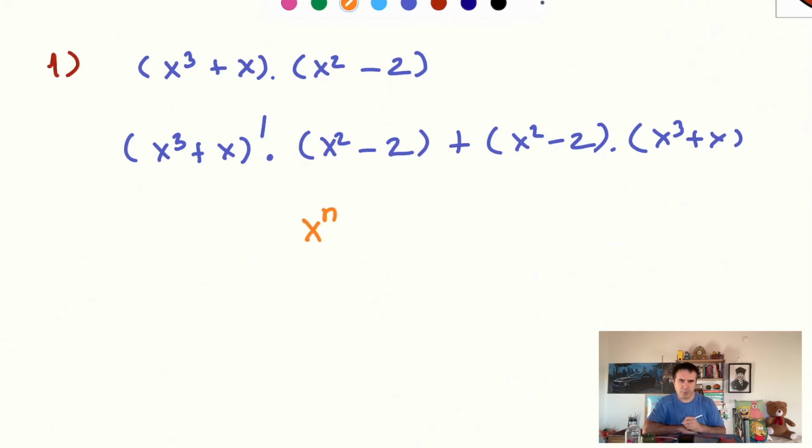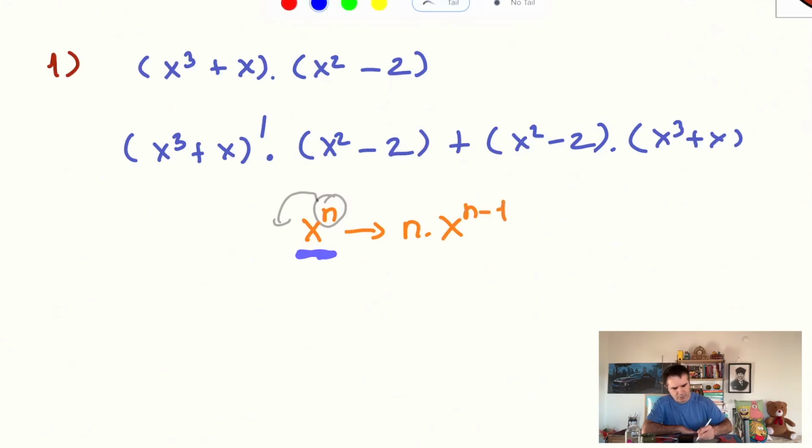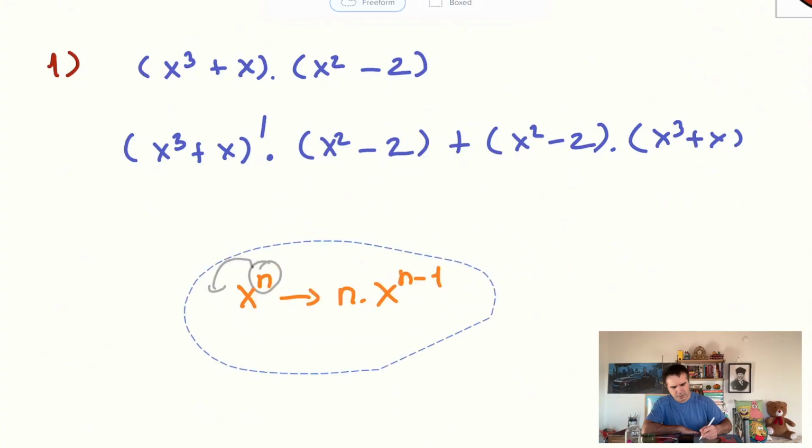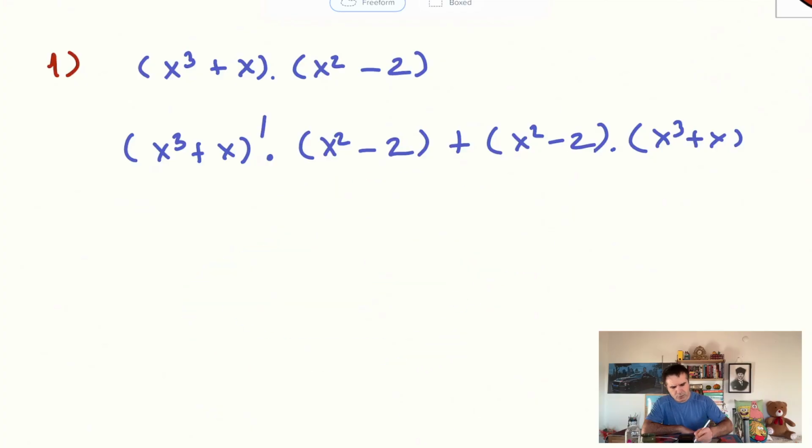If we have a power function as x to the n, we take the exponent as multiplication to the front, n times, and then we subtract 1 from the exponent. So the derivative of x to the n will be n times x to the n minus 1. So we will use this rule while differentiating these parts.